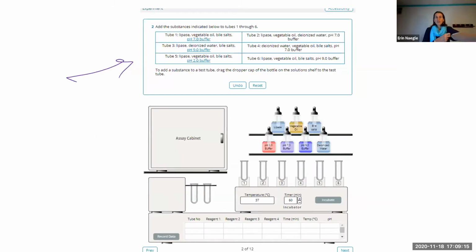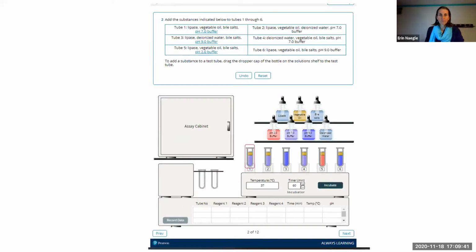So you will set up your test tubes, and you can either do one test tube at a time, or you can be like, oh, lipase, I need that in tube 1, in tube 2, in tube 3, and whoops, not in tube 4, in tube 5, and tube 6. So you can grab the dropper and drop appropriately.